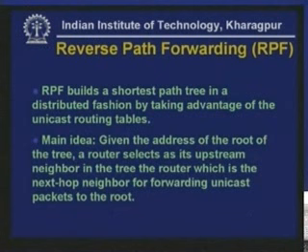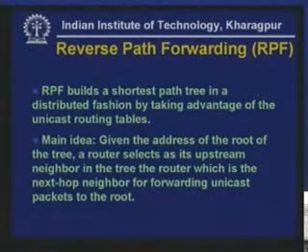Given the address of the root of the tree, you know the source, actually this tree is being formed from the destinations. Each of these potential recipients is trying to reach up to the source, and for that they use the unicast routing table which is already there on the router.